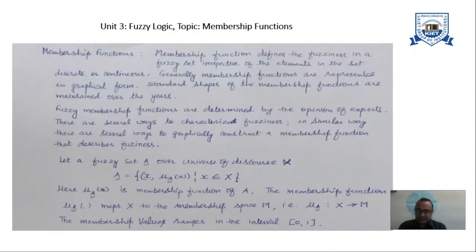As I told you, it provides the fuzziness, the vagueness of the element. The standard shapes of membership functions have been maintained over the years, and generally these types of membership shapes have been used by different authors. Fuzzy membership functions are determined by the opinion of experts, those who have expert knowledge in that domain.